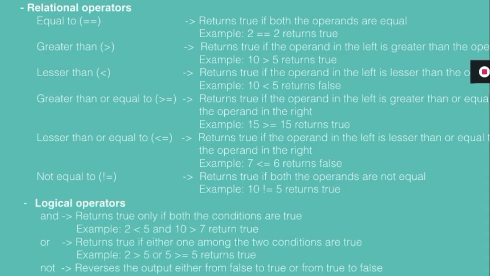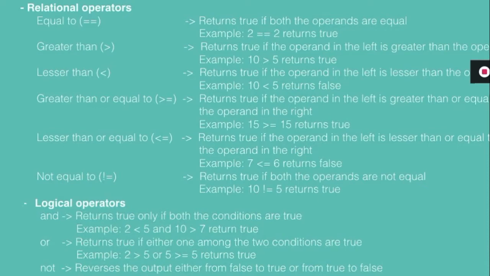So first we evaluate the left hand side, 2 is less than 5. Here we are using the less than operator, so it says yes, which gives us true. Then it says 10 is greater than 7, and yes, 10 is greater than 7. Here we are using the greater than operator, and then it returns a true value.